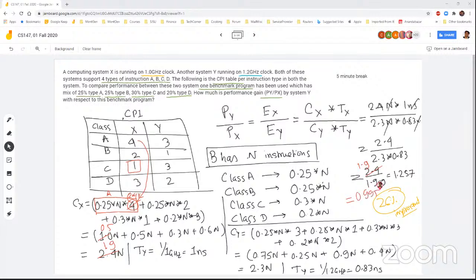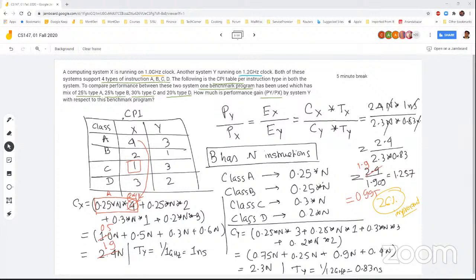So with the compiler improvement, my Py by Px becomes 0.995. That means Px is a little bit better in fact in this scenario. It's no longer trailing Py, so that means they actually saved their business in the field.